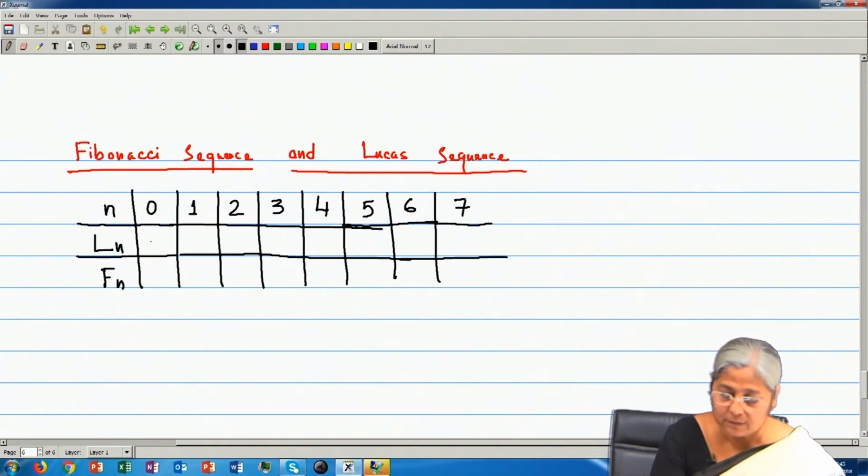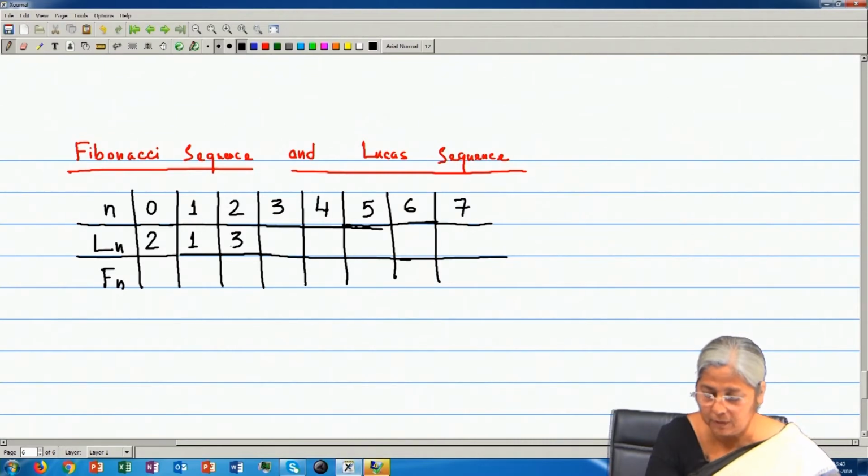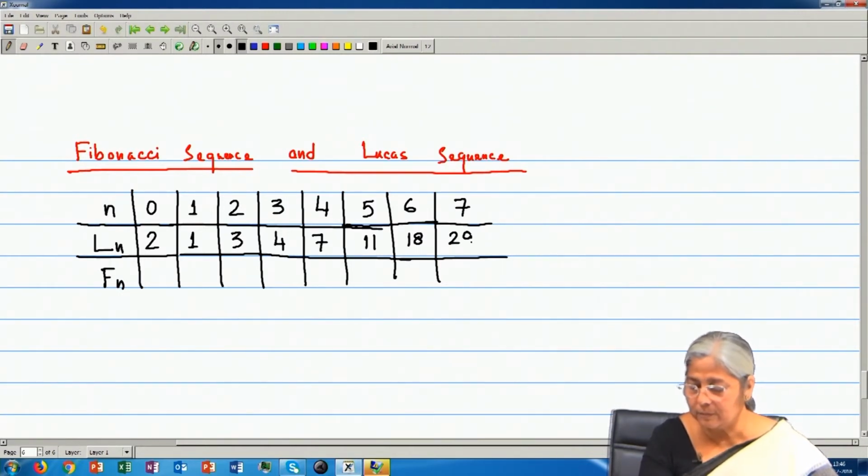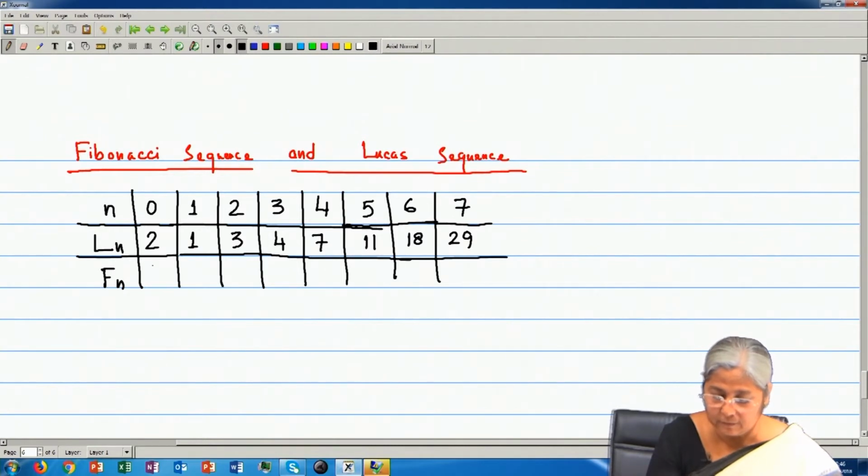L n is 2 because of the initial conditions, then 2 plus 1 is 3, 3 plus 1 is 4, 4 plus 3 is 7, 7 plus 4 is 11, 11 plus 7 is 18, 18 plus 11 is 29. And here the initial conditions are different for Fibonacci, it is 0 and 1.